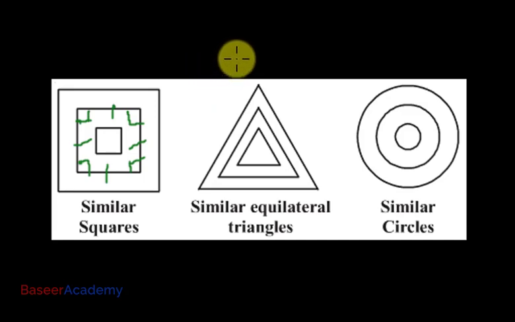A polygon in which all sides and angles are equal is called a regular polygon. So this equilateral triangle that you see here is also a regular polygon, because in an equilateral triangle all the sides are equal plus all the angles are also equal. Each angle in an equilateral triangle is 60 degrees. 60 plus 60 plus 60 makes 180.